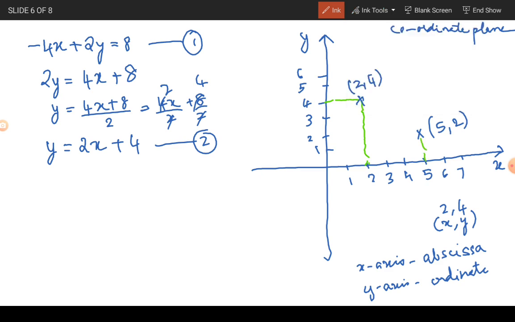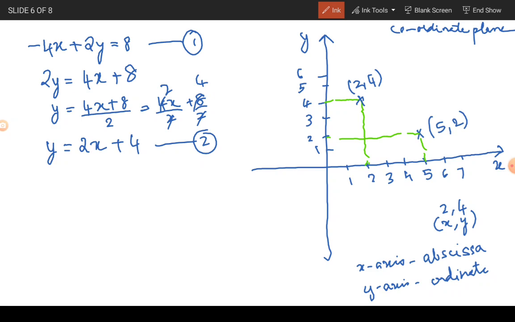On the x-axis the location is 5, on the y-axis the location is 2. Once again I apologize that this graph is not as perfect as I would like it to be. If you are drawing this with a ruler and a pencil, you will get it much neater. Remember, you have to use a ruler and pencil to plot these lines.